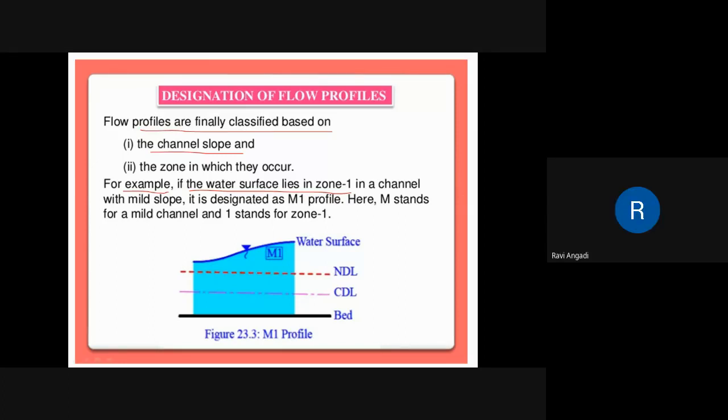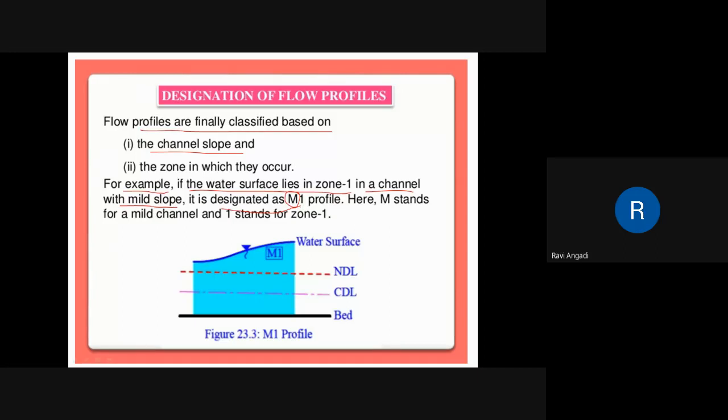Suppose in a channel with a mild slope, it is designated as M1. What does M indicate here? Mild slope. What does 1 indicate? Zone 1. Like that, the surface of the water is to be designated.